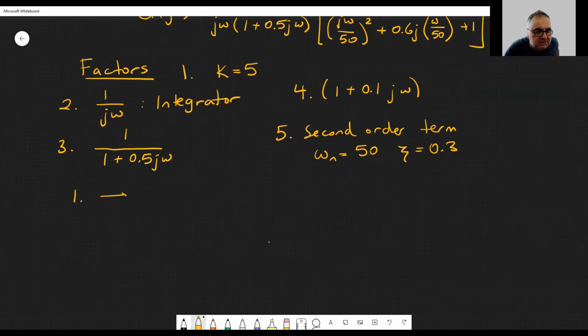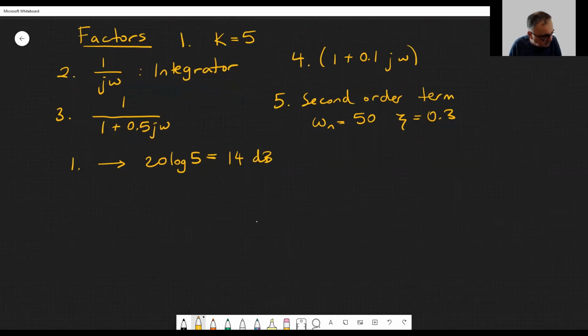The first one, in terms of decibels, is 20 log 5, which is 14 decibels, and that will be there.